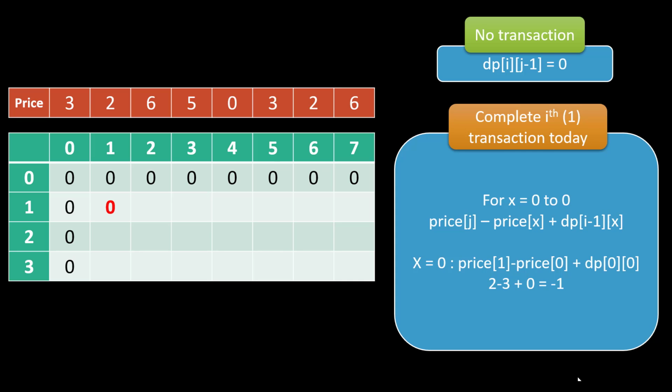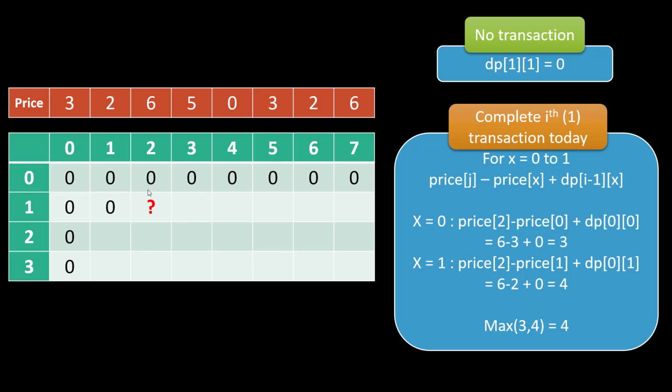So that's the answer for this cell. So now let's move ahead. Over here, I can either make no transaction, which means that my profit is going to be equivalent to the profit that I made on the previous day. That is represented by DP11. Or else I can sell the stock on this current day, making me buy the stock on any of the previous days, which is either day 0 or day 1.